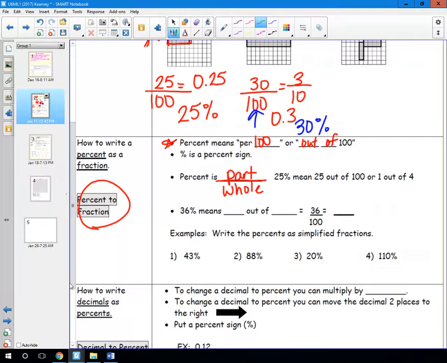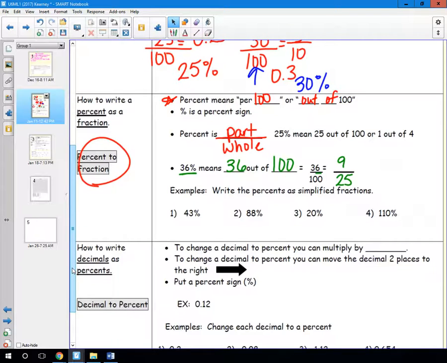So when you read this right here, 36%, 36% means 36 out of 100. So we could write 36 over 100, which then simplifies down to 9 out of 25. When you are trying to go from a percent to a fraction, literally all you need to do is read it. When you see percent, that just means write it out of 100.